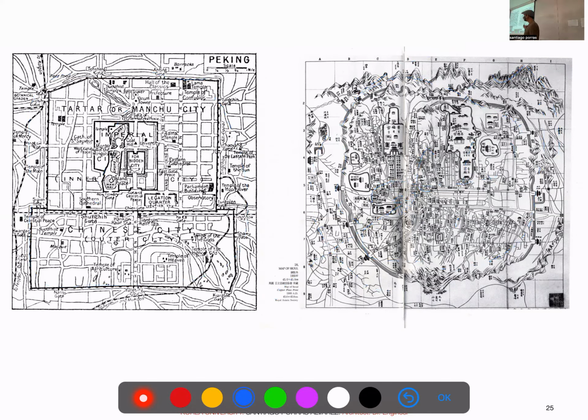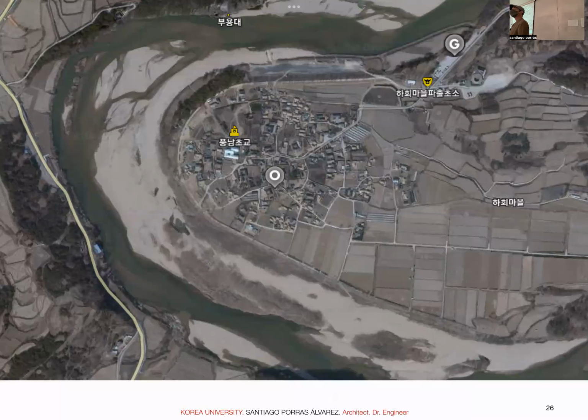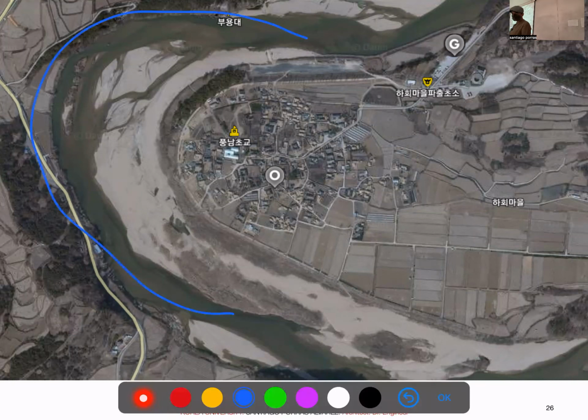And if we go to difficult areas, the following is a real photo of Hahoe Maul in Andong, in which the topography is so complicated that there's no way to make this kind of ideal geometry, but still they gently react to the course of the river, right? So the city organically finds a way to deal with this very unique geographical setting. I think it's uniquely Korean. I think it's beautiful. It's great.